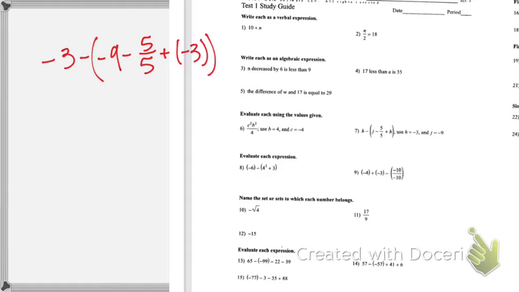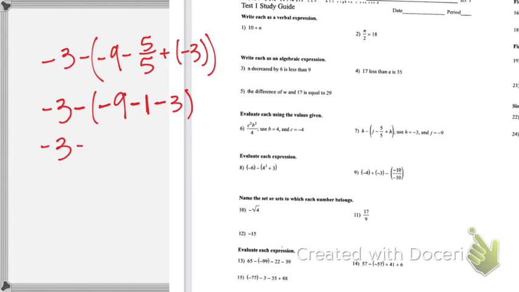Now, we always want to simplify those parentheses first. So I'm going to bring down what I'm not using. So we have -9. 5 divided by 5 is a -1. We bring that negative down. 5 divided by 5 is 1. And remember, a negative has more power than a positive, so that would be -3.